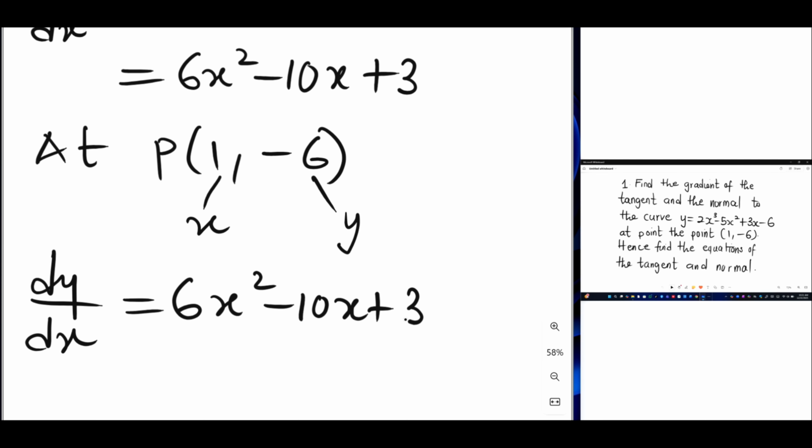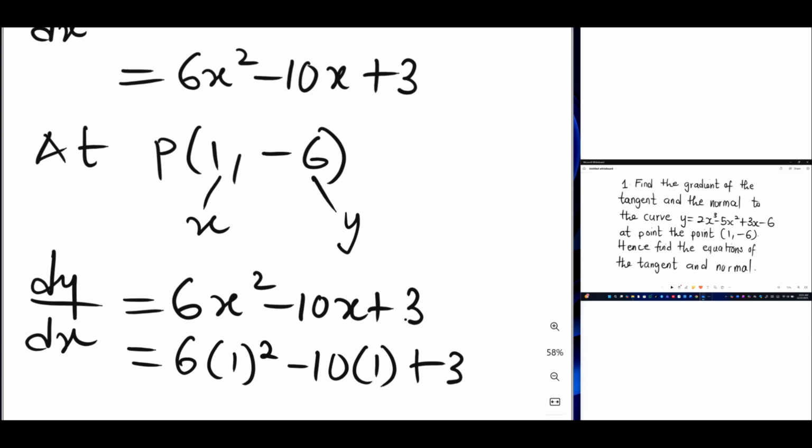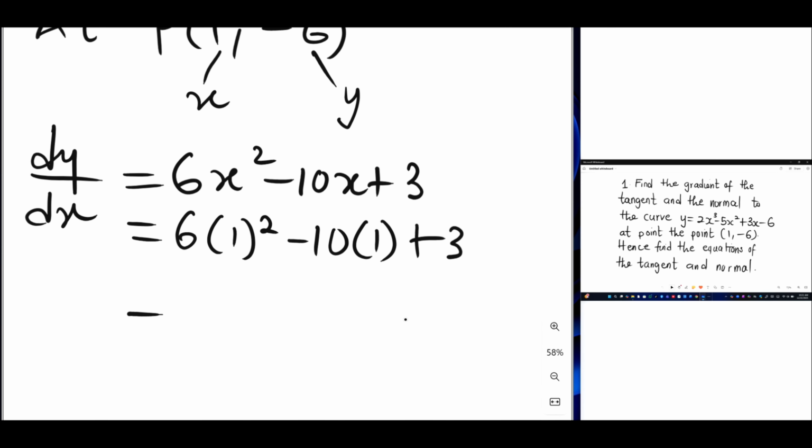Now, our dy/dx is a function of x, so we only plug in the x value. Wherever you see x in the gradient function, you plug in the x value. So it is going to be 6 multiplied by 1 squared, since the x coordinate is 1, then minus 10 multiplied by 1, plus 3. So 1 squared is 1, and 1 times 6 gives us 6.